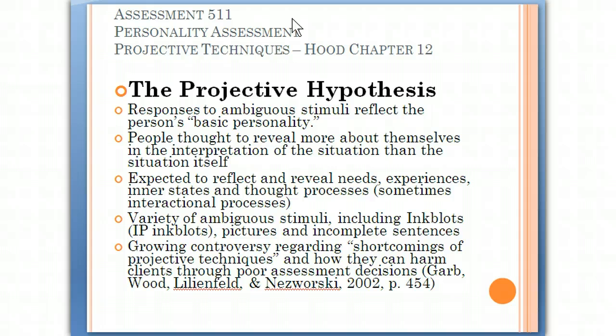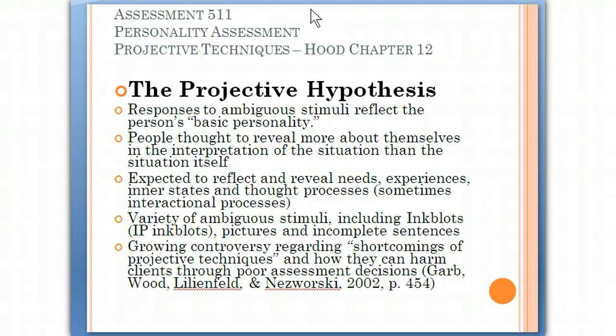Let's first discuss the projective hypothesis. The projective hypothesis states that responses to ambiguous stimuli reflect the person's basic personality. People are thought to reveal more about themselves in the interpretation of the situation than the situation itself. What that means is a person's process oftentimes leaks out when they're presented with something that they're unsure about.